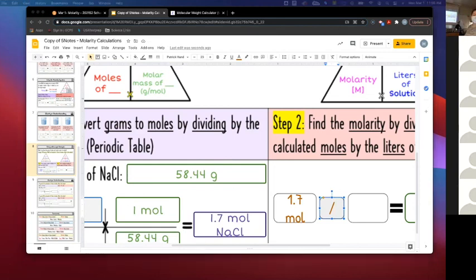It tells us in the problem 100 grams of NaCl are dissolved in 2 liters. So right there, it's going to be 2 capital L liters. So in your calculator, please and thank you, do 1.7 divided by 2.